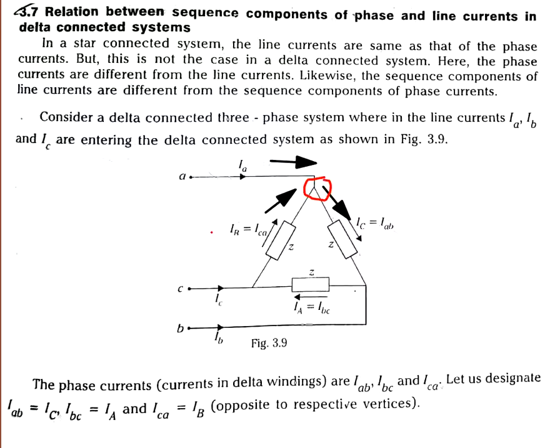Now find out for Ia. Ia plus Ib equals Ic, right? This plus this equals this. Now find out only Ia.